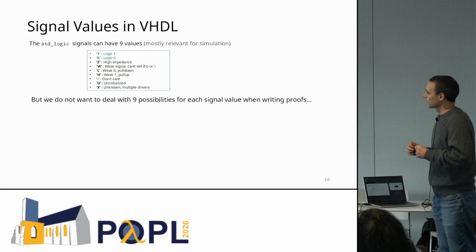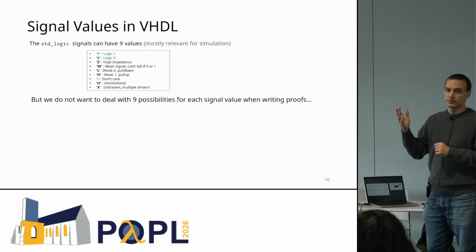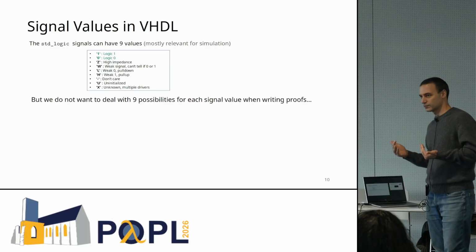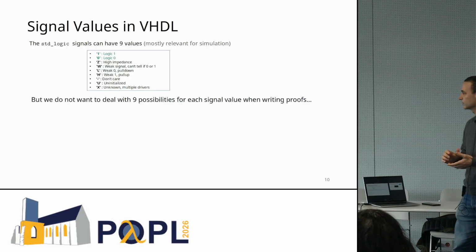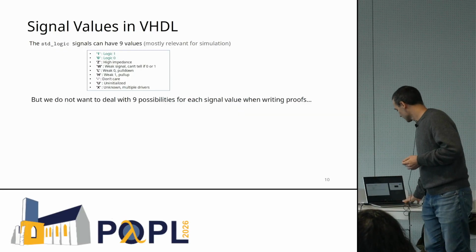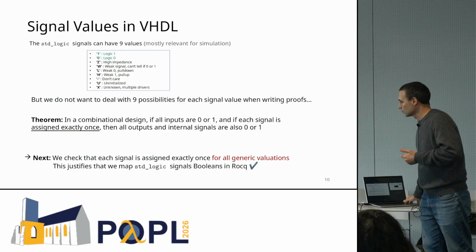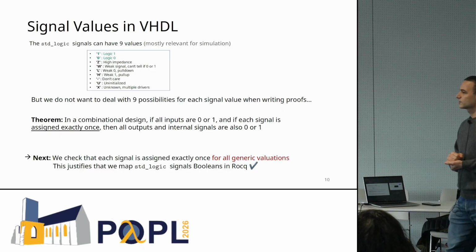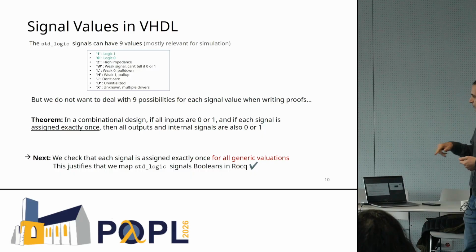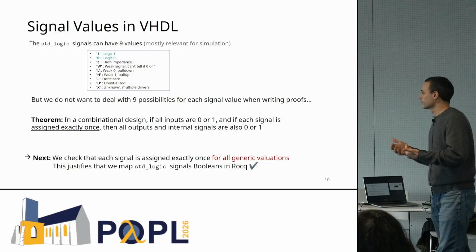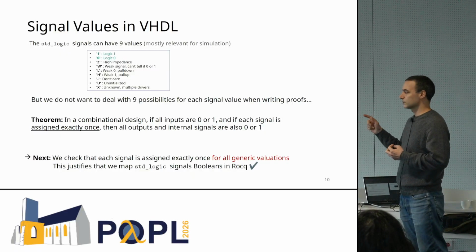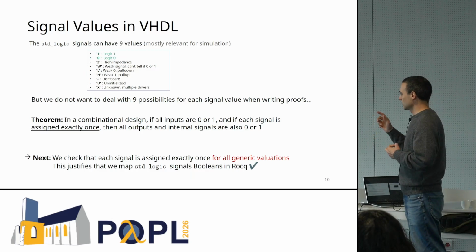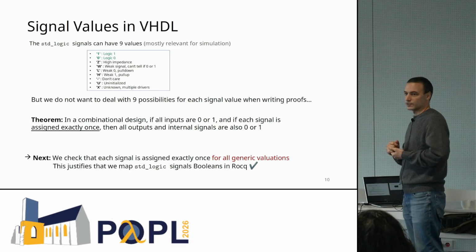And you certainly don't want to deal with 9 possible values when writing proofs. Imagine a binary operator, 9 times 9. You don't want to do this. Fortunately, we know by the semantics of VHDL that in a combinational design, if all inputs are 0 or 1, and if each signal is assigned exactly once, then all outputs and internal signals are guaranteed to be 0 or 1.